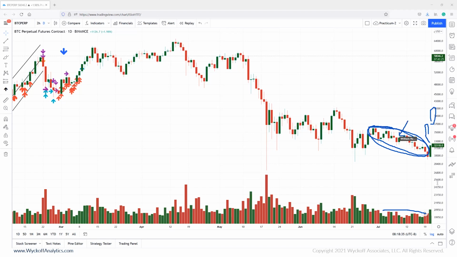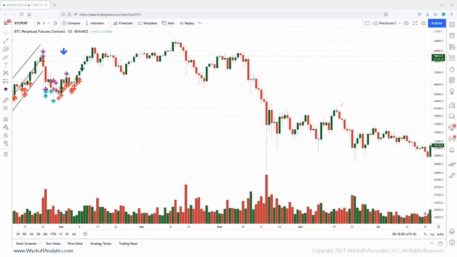So naturally, I'll be thinking this is all white space from here up to this level. The natural place for the market now to find sellers will be at this resistance level. We also could foresee where we could potentially incur some supply presence.